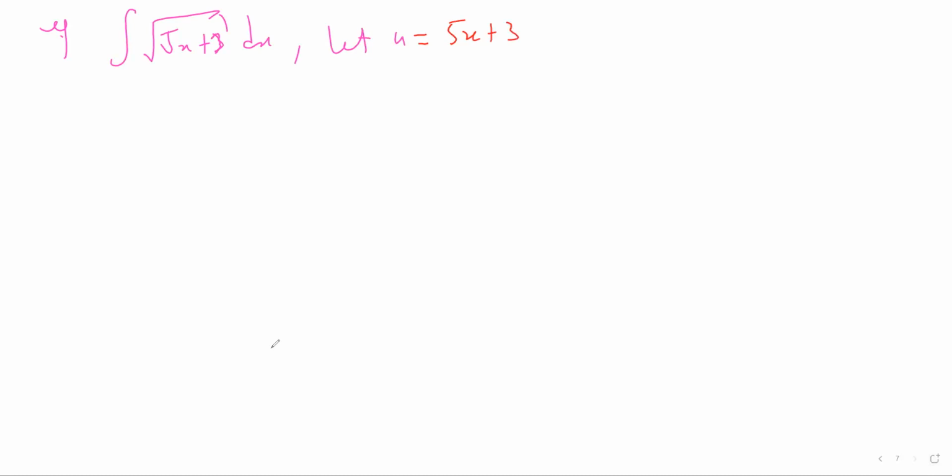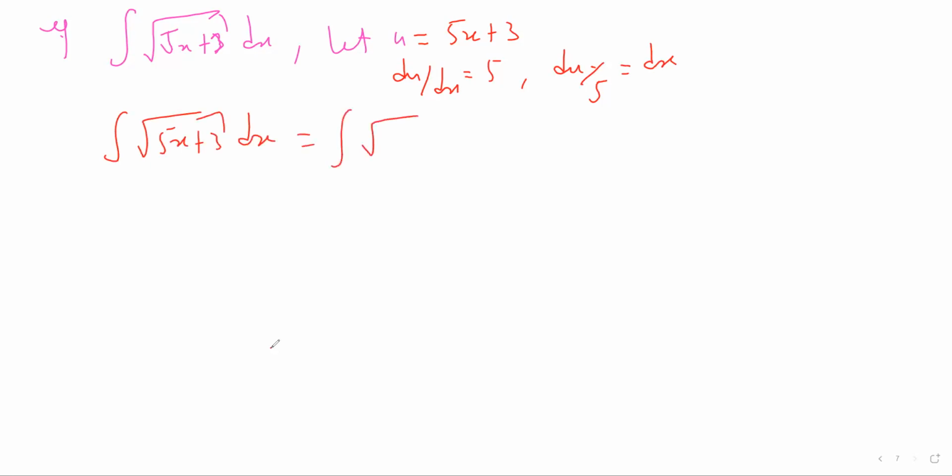If you do that, then du dx is equal to 5, and du over 5 is equal to dx. Now you go back to your original function and substitute u and dx. 5x plus 3 is u, and dx we also know as du over 5.